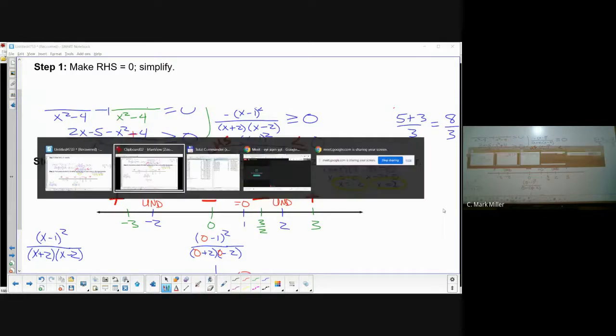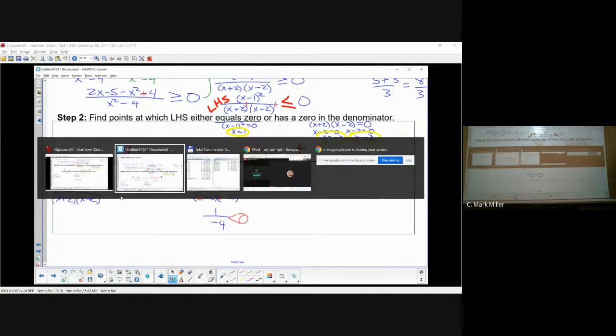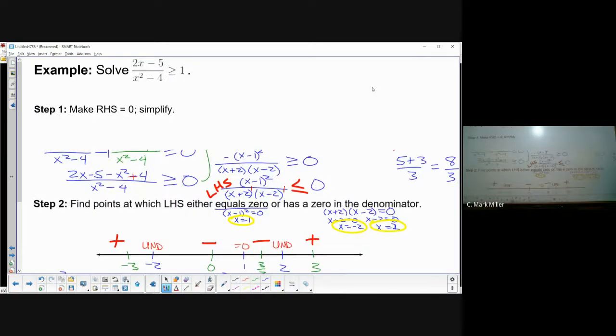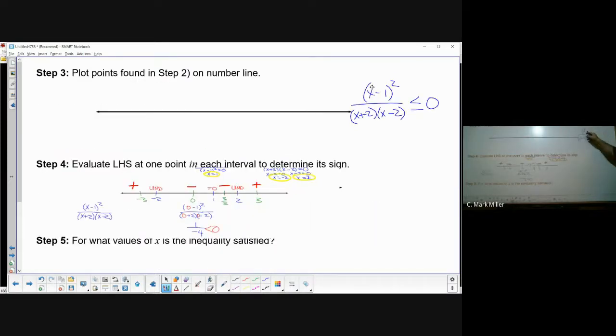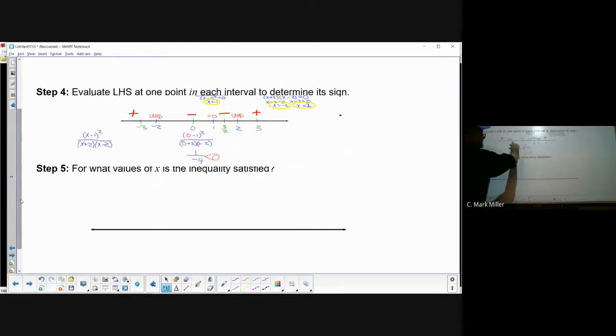The inequality we're seeking to satisfy is this one right here: x minus 1 squared over x plus 2 times x minus 2, less than or equal to 0, I believe. Yeah, okay. Where was that satisfied? I need to know where it was negative or 0. It was satisfied where it's negative, in the middle here. It's 0 there, and it's negative.